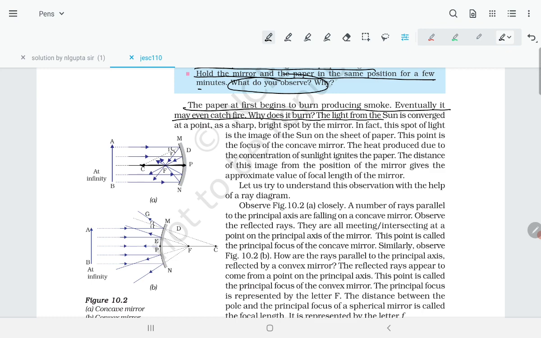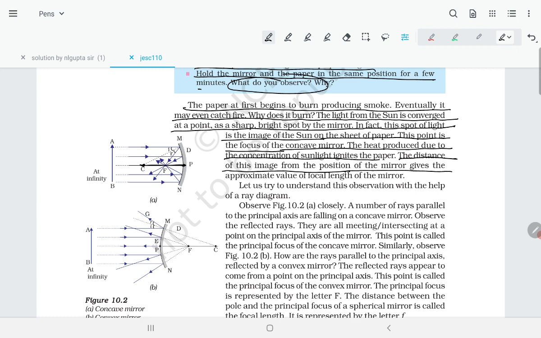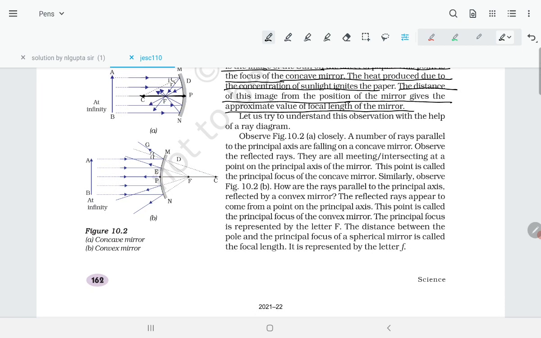Why does it burn? The light from the sun converges at a point as a sharp bright spot by the mirror. In fact, this spot of light is the image of the sun on the sheet of paper. This point is the focus of the concave mirror. The heat produced due to the concentration of sunlight ignites the paper. The distance of this image from the position of the mirror gives the approximate value of the focal length of the mirror. Let us try to understand the observation with the help of a ray diagram.